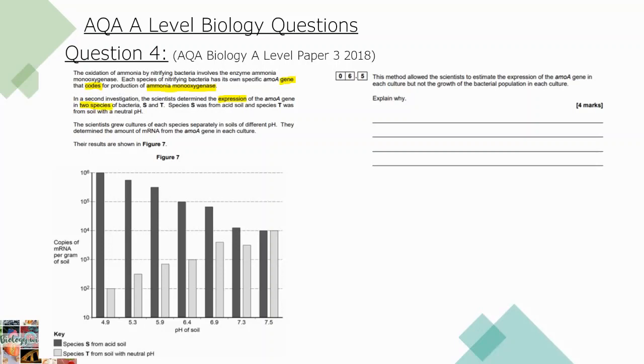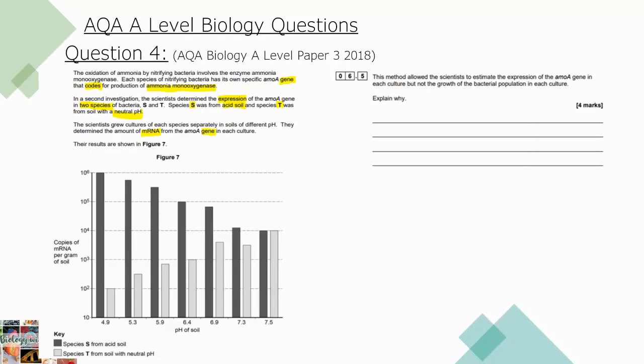And species S is in acid soil, so S, acid soil, and species T is in soil with a neutral pH. And then the scientists are growing cultures of each species separately in soil with a different pH, and they're determining the amount of mRNA from the gene. So we know this is to do with protein synthesis because, of course, mRNA is produced during transcription and it's a copy of the gene.